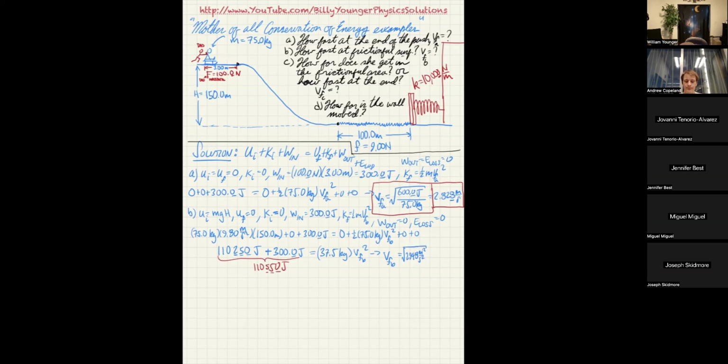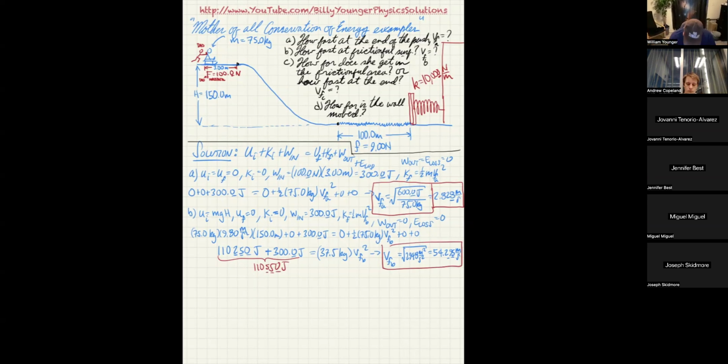When I take the square root of that, I get 54.295 meters per second, which is really, really fast. And that's really only good to 3 sig figs, so the 9 and the 5 are not good. But that's our velocity going into the frictionful area.